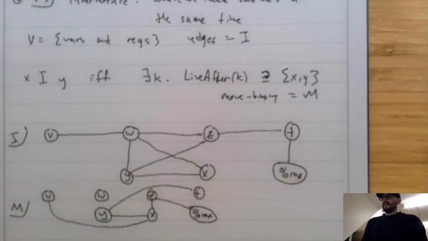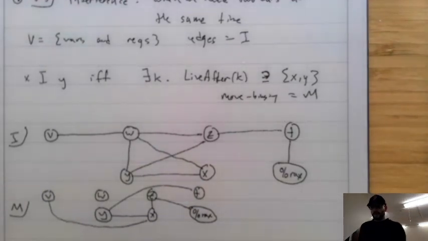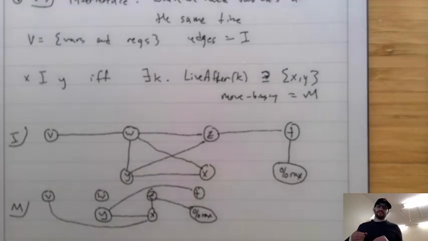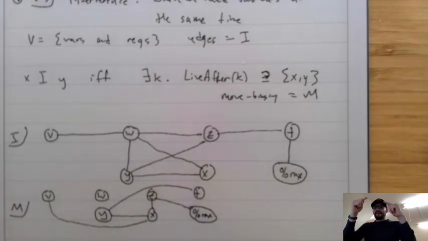Okay, so now we have constructed all the information that we're going to use for figuring out what the registers are going to be. Notice that constructing the live after set is a bottom-up algorithm because we have to start at the back and work our way backwards computing the live after sets.